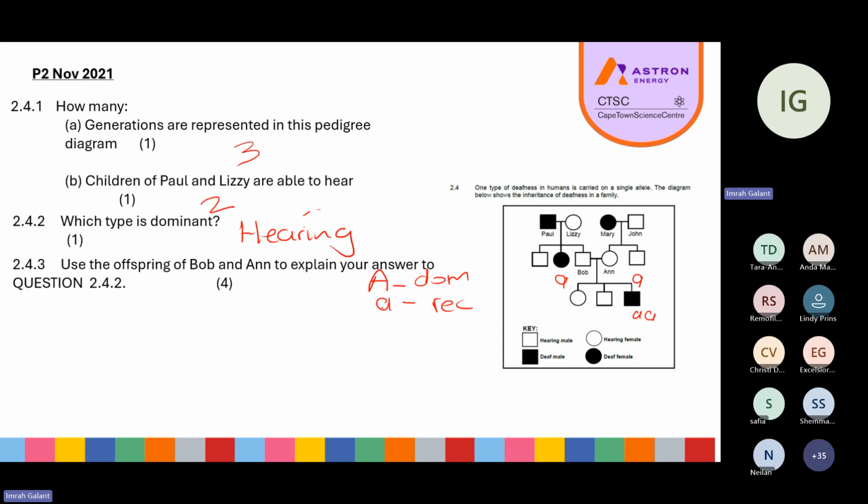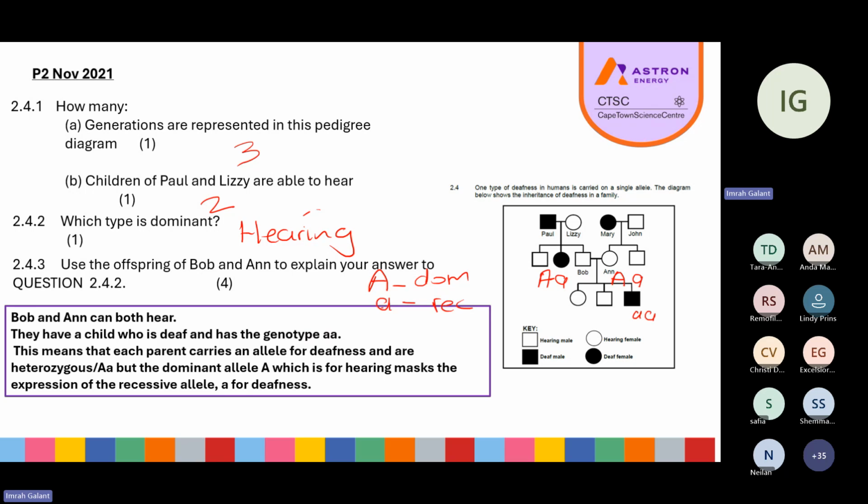Therefore, because they don't have the disorder, they should also have a dominant allele. So what we can say is that both parents are heterozygous for the disorder. Okay. So let's see how we would write that out a bit more clearly.